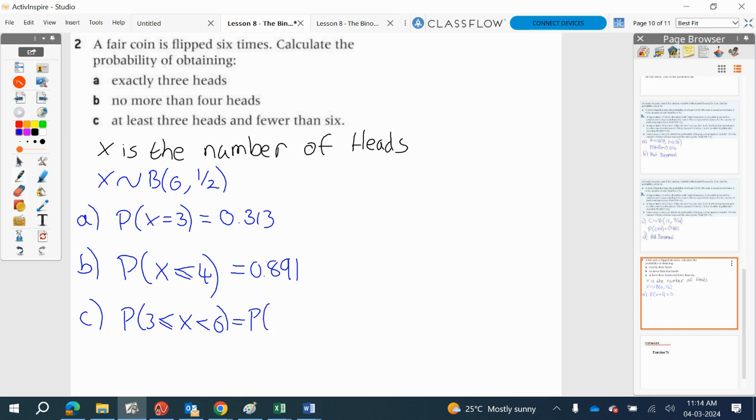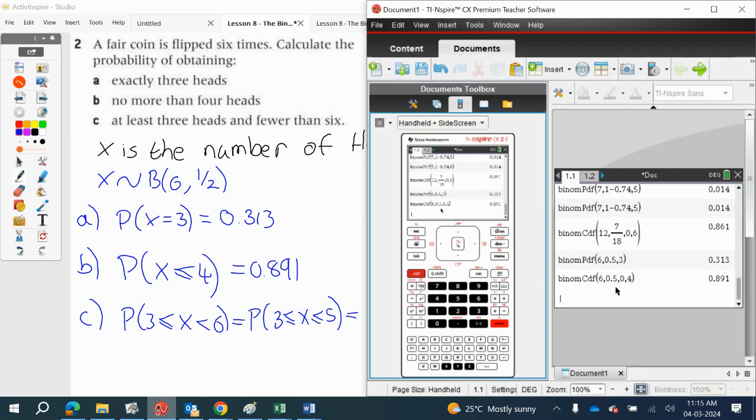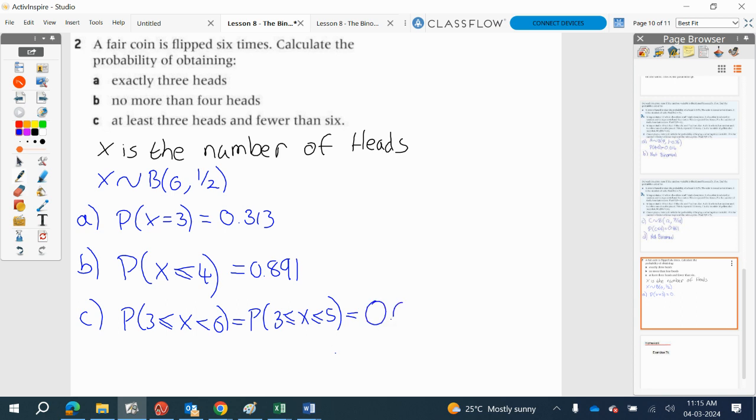So we want the probability up to 5. What do we get? 0.641.